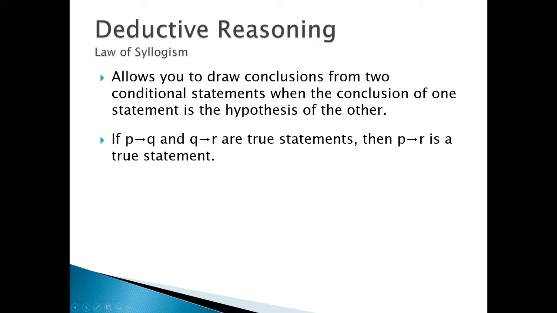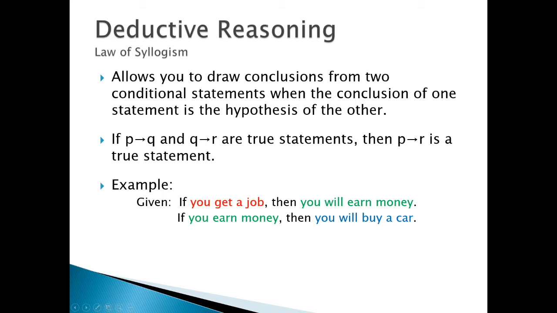So again, like most of the things we do, this is easier to see with a real example. So here is an example. Given, if you get a job, then you will earn money. And if you earn money, then you will buy a car. Because the conclusion in the first statement becomes the hypothesis of the second statement, they kind of cross out.